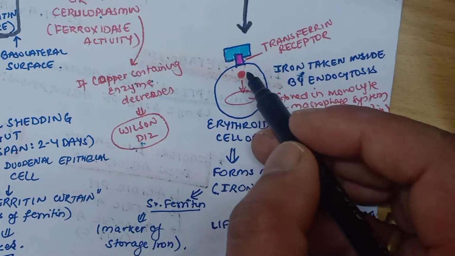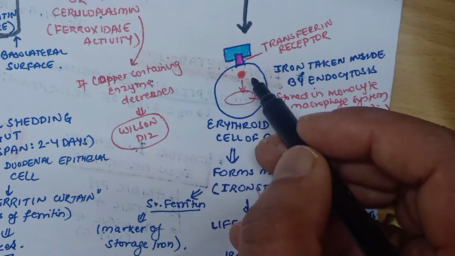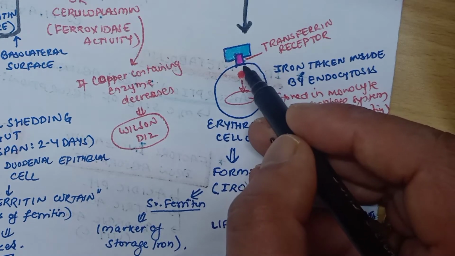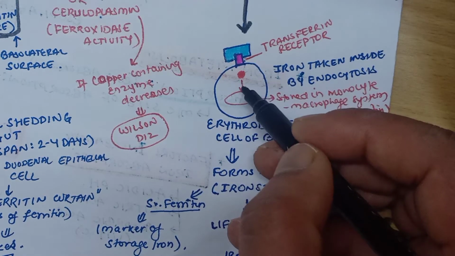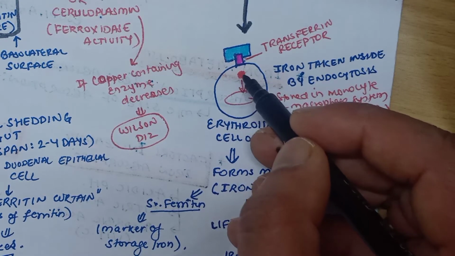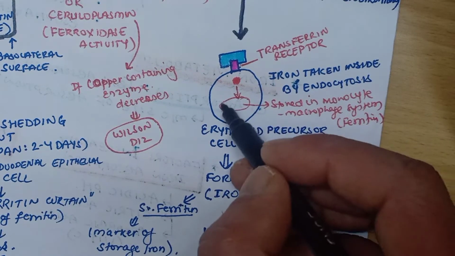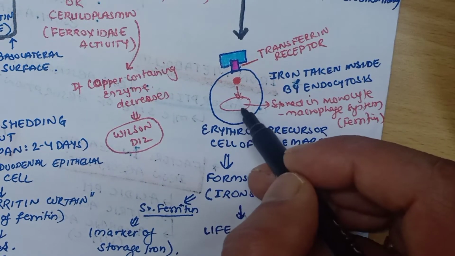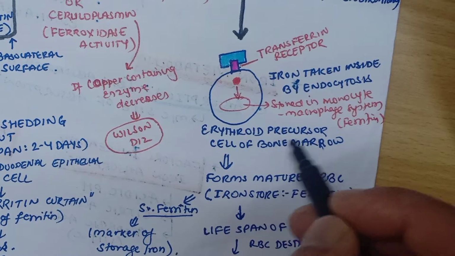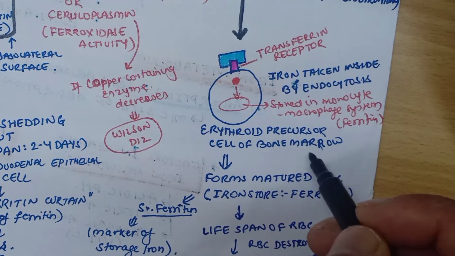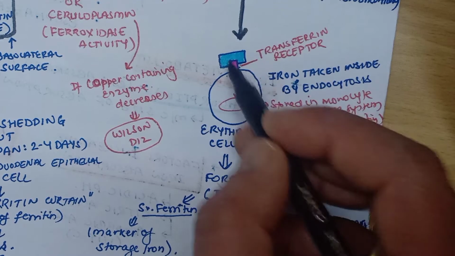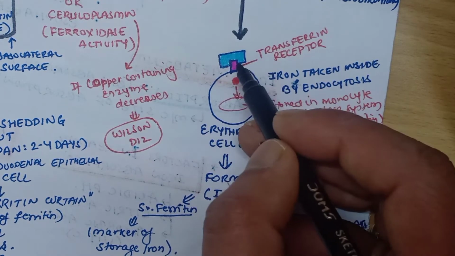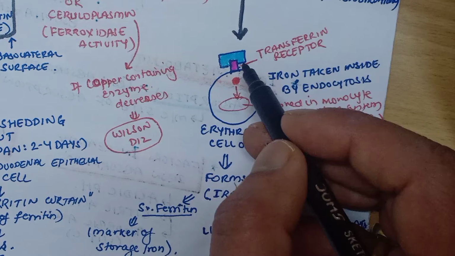Here, binding of transferrin to transferrin receptor reduces affinity for iron. So iron is taken inside the cell by endocytosis and is stored in the monocyte macrophage system and in the erythroid precursor cells of bone marrow. Transferrin after dissociation of iron is known as apotransferrin.